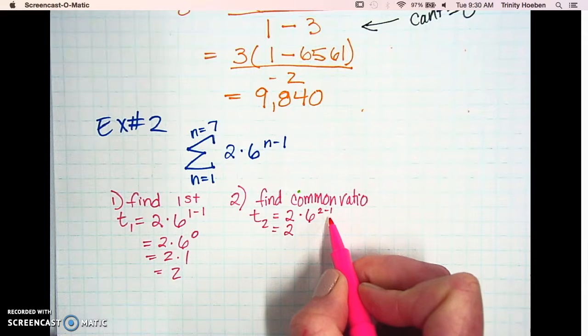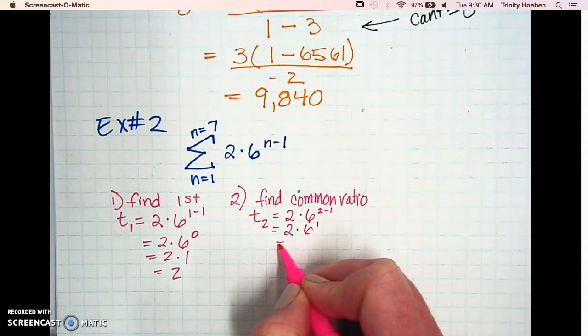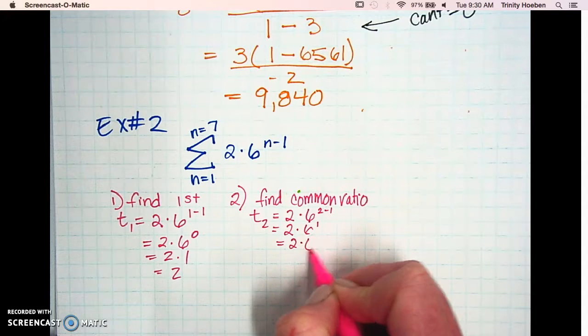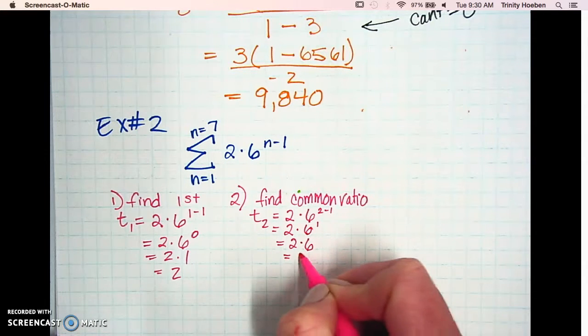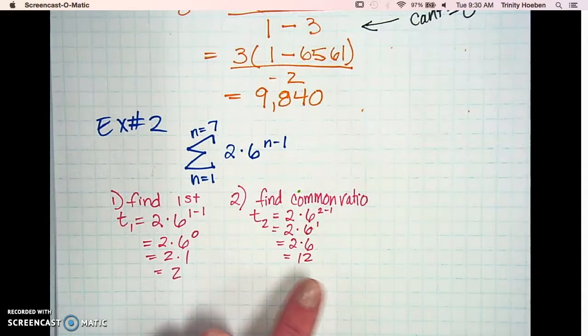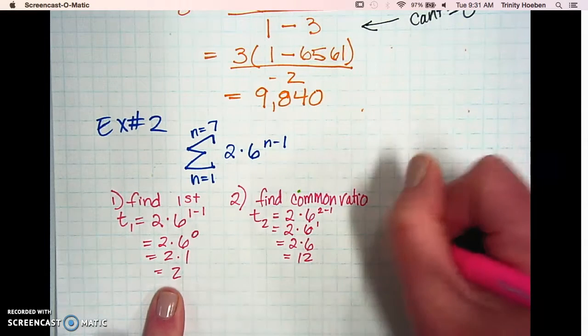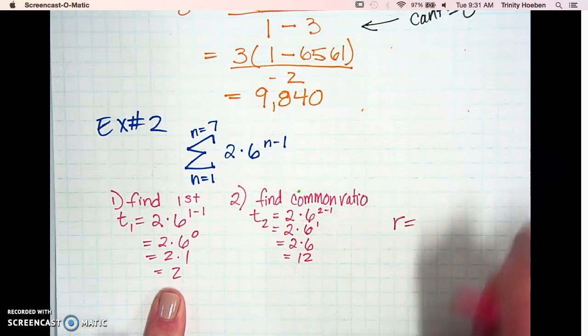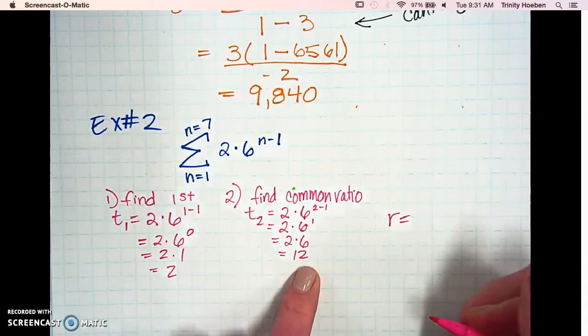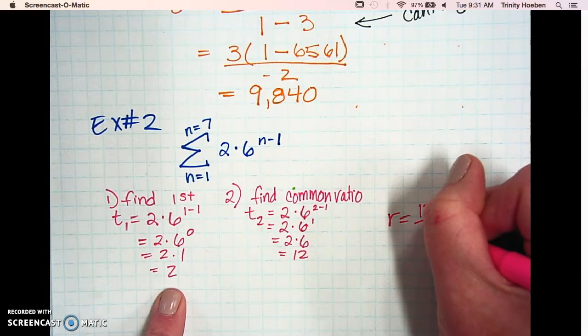2 minus 1 is 1, so 6 to the first power is just 6. So 2 times 6, we've got 12. So if the second number in the series is 12 and the first number in the series is 2, to get the ratio, we take that second number and divide it by the first number, 2.